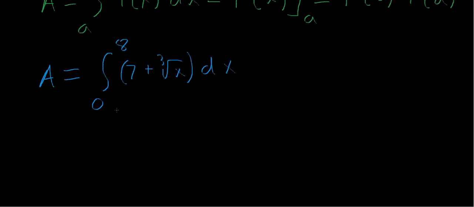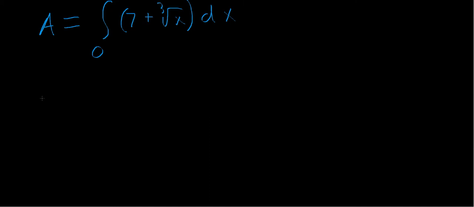Now, when I evaluate integrals, what I recommend is don't leave that cube root x looking like that. So our area, we're just going to simplify it a little bit further. X goes from 0 to 8, 7 plus cube root x can also be written as x to the 1/3.